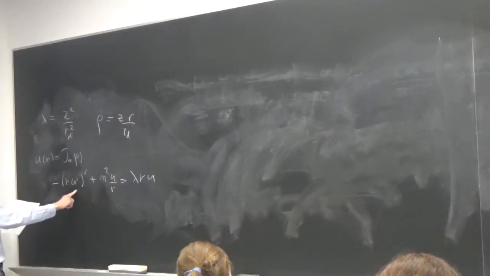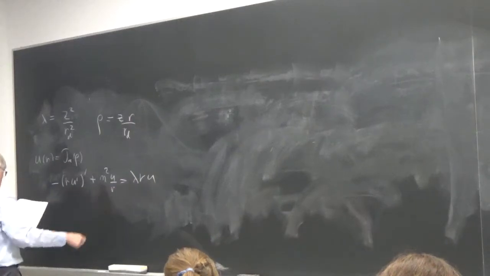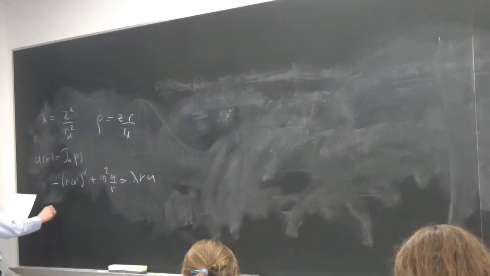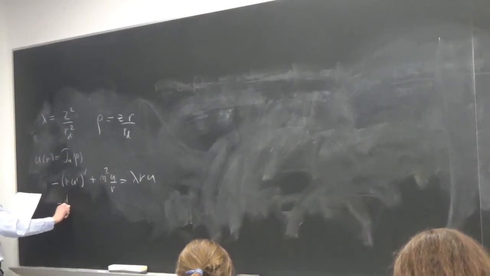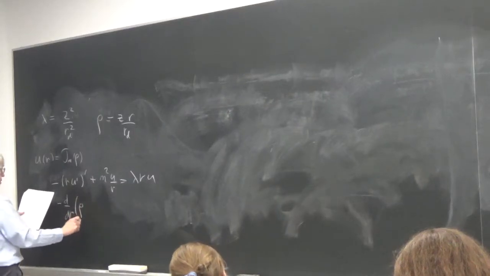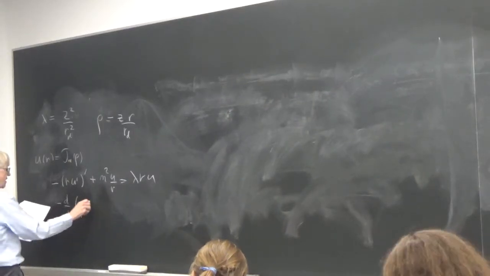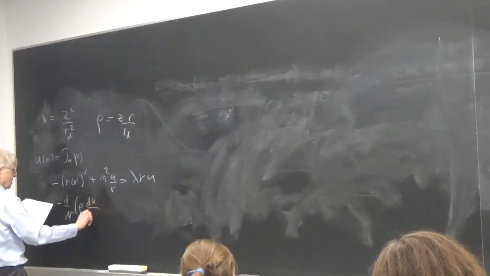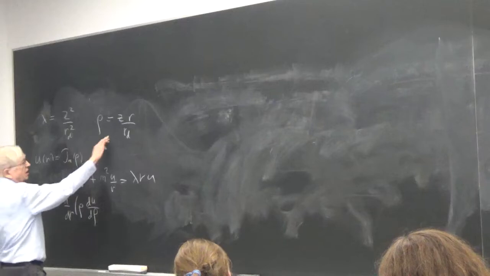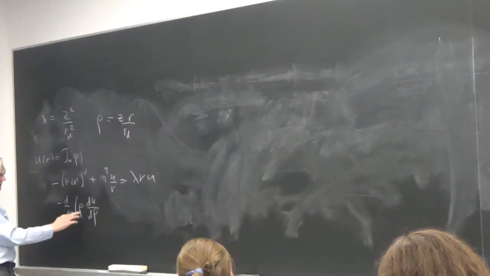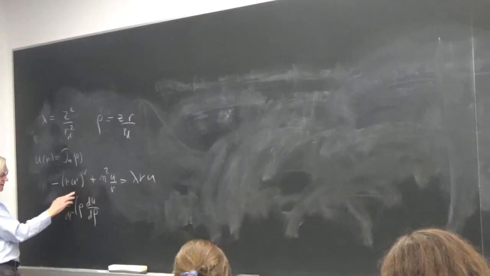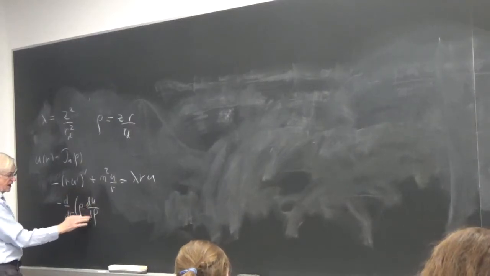And so we'll start with this equation, which is minus d by dr of r du dr. So now rho and r are linearly related, and so we can change r d by dr into rho d by d rho.